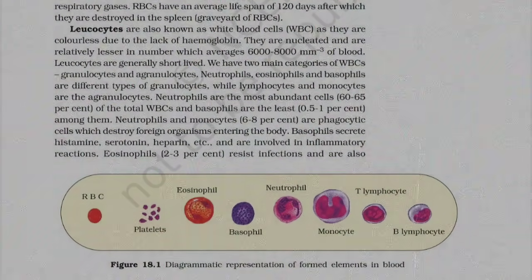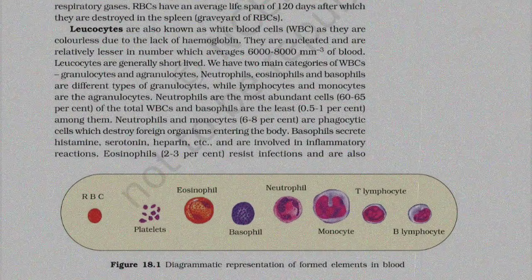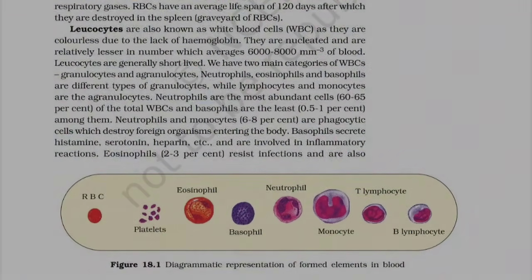Neutrophils are the most abundant cells, 60 to 65% of the total WBCs, and basophils are the least, 0.5 to 1% among them. Neutrophils and monocytes, 6 to 8%, are phagocytic cells which destroy foreign organisms entering the body.